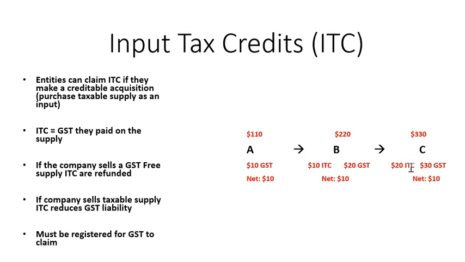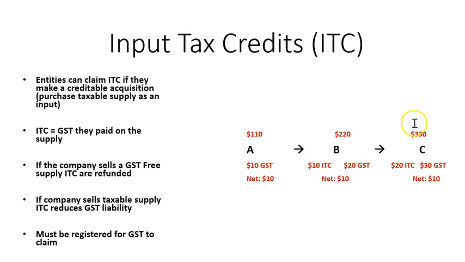However, they already paid $20 GST to company B when they bought that input. So company C is going to be able to claim a $20 input tax credit. That will reduce their GST liabilities by $20, meaning that they will also pay $10 to the tax office.